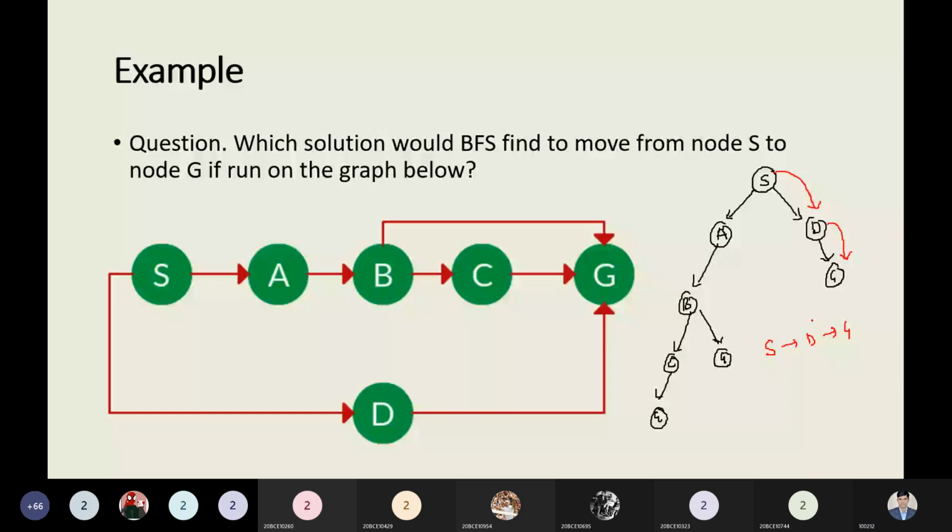See, what are the possible paths? Okay, first path I'm writing S to A, and A to B, and B to C, and C to G. Can we take this path? No, sir, this is deepest, so we can't.